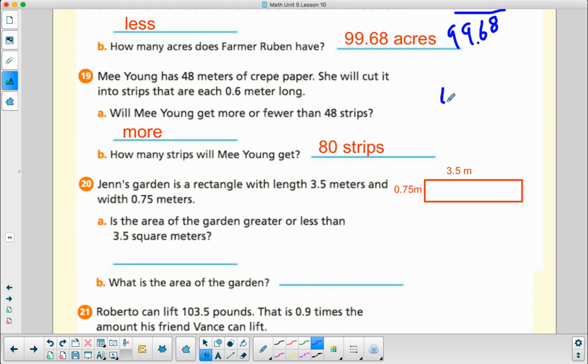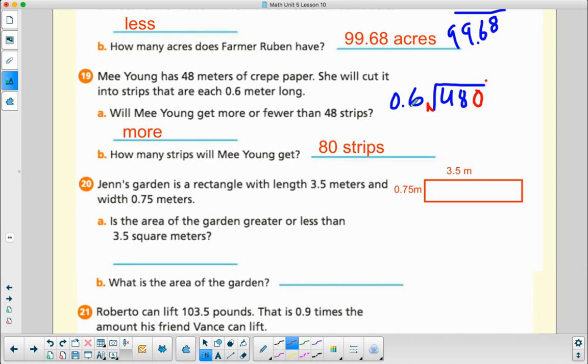So she had 48 meters. She's cutting them, or basically dividing them, into 6/10 meter pieces. I'm going to multiply my divisor by 10 to make it a whole number. So I have to multiply my dividend by 10, which just attaches the 0 and scooches everything once to the left.